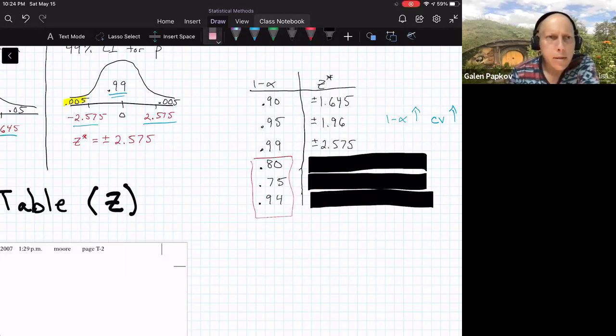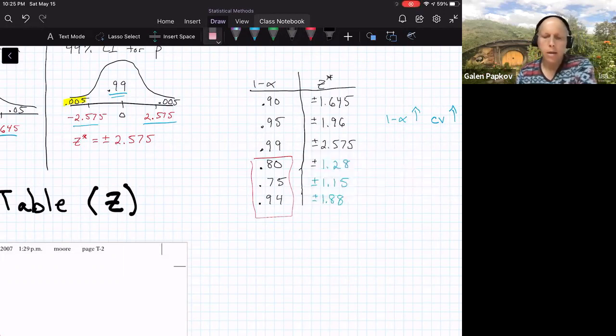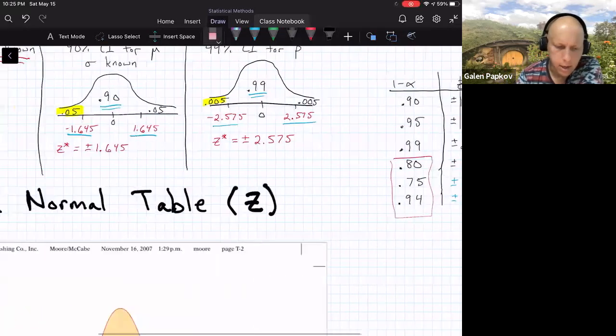Okay, so let's come back and see how you guys were able to do. These are the values that you should have gotten or should be really close to, certainly within 0.01 of each of these. And so if you're doing an 80% confidence interval, that means 20% is not inside or 10%, 0.1 on each side.